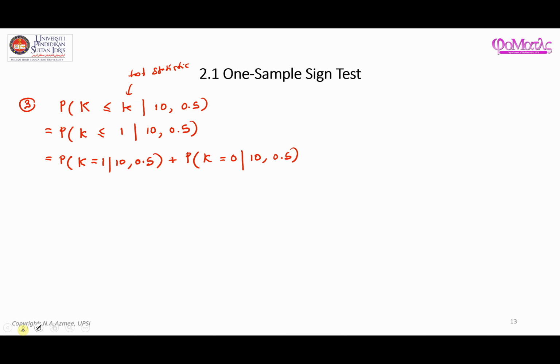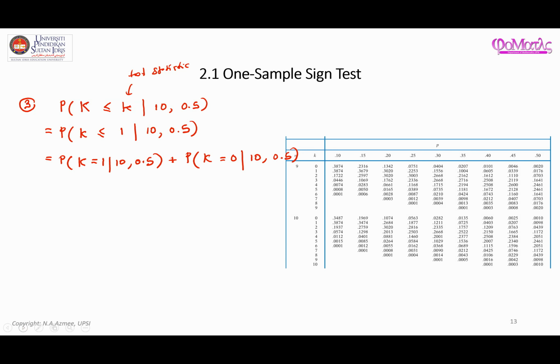If you have the table of binomial probability, you can go straight to n equals 10, probability 0.5, and see the probability for k equals 0, and for k equals 1, and you just add up these two probabilities together.